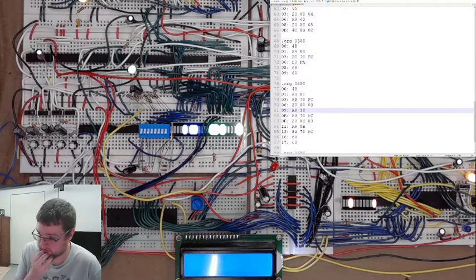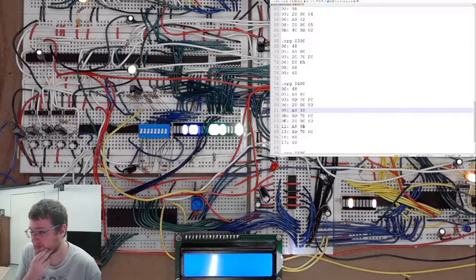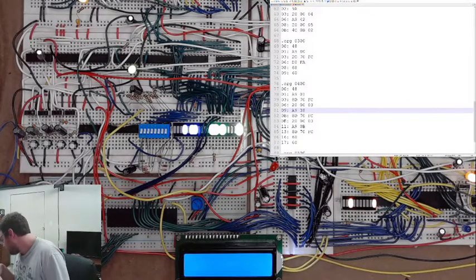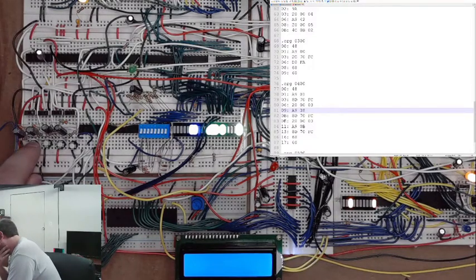I'll check that instruction and see if I did it correctly. I will also check the other instruction and see if I did that one correctly. At this point, though, I'm not counting on anything being good. But anyways, we should be able to run the rest of this program out.